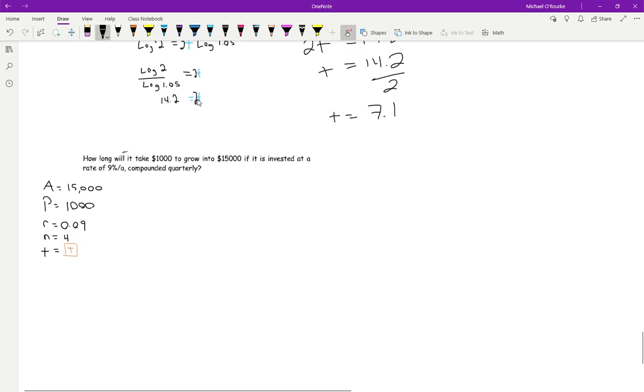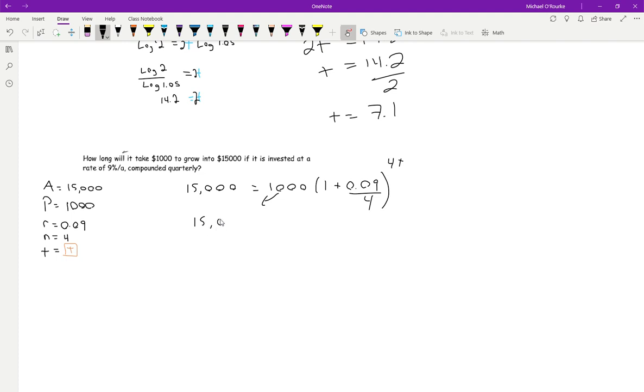So I'm going to work this through here for people to follow along. So the first thing I'm going to do is plug everything in. 15,000 equals $1,000, 1 plus 0.09 divided by 4, to the power of 4t. Okay? I move this over.